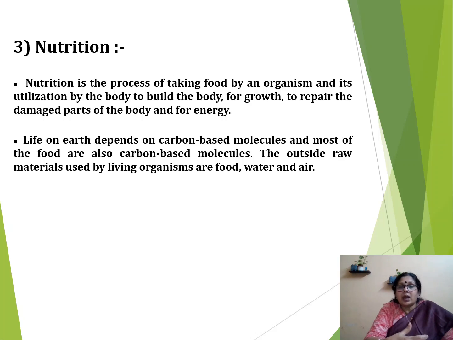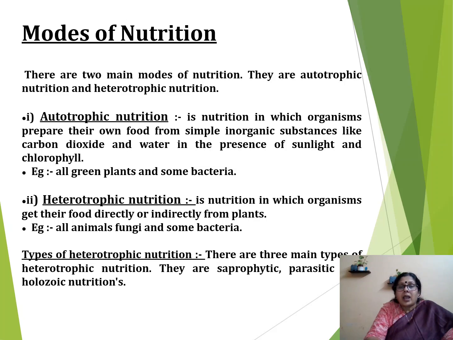And nutrition is of different types. And as you know, life depends upon carbon molecules for maintaining life. The food we eat mainly contains carbon molecules. And the modes of nutrition are based on the method of intake or obtaining of food.